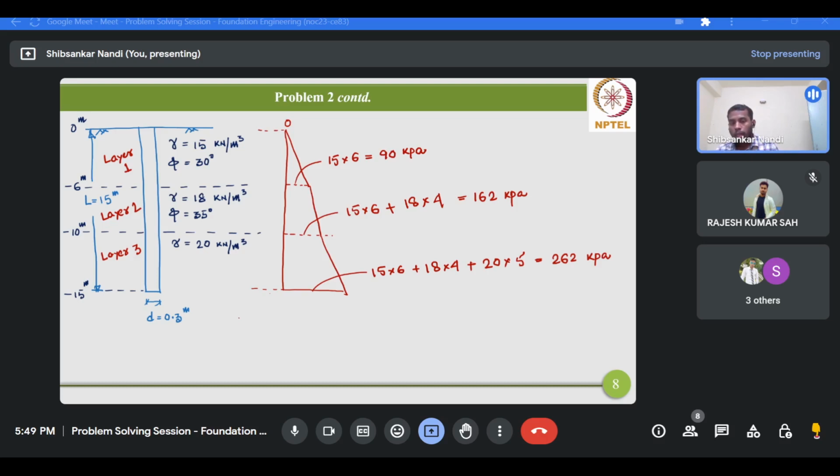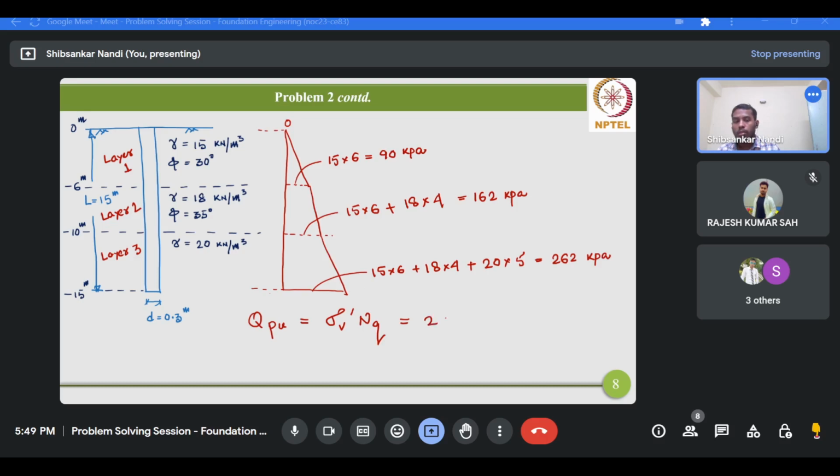Now what would be the ultimate point bearing resistance for the given pile as per Tomlinson's method? So QPU will be sigma V prime times NQ. Now what is sigma V prime? The sigma V prime is nothing but the effective overburden pressure at the pile tip level.